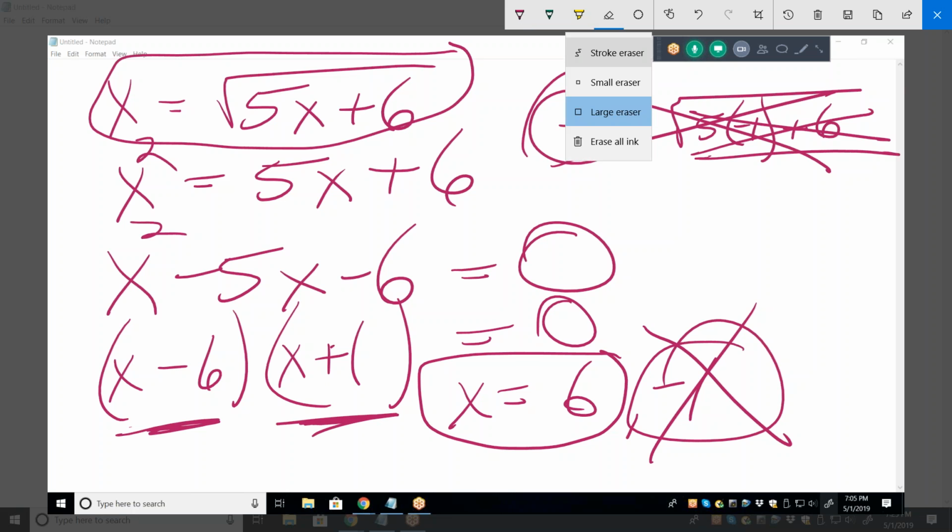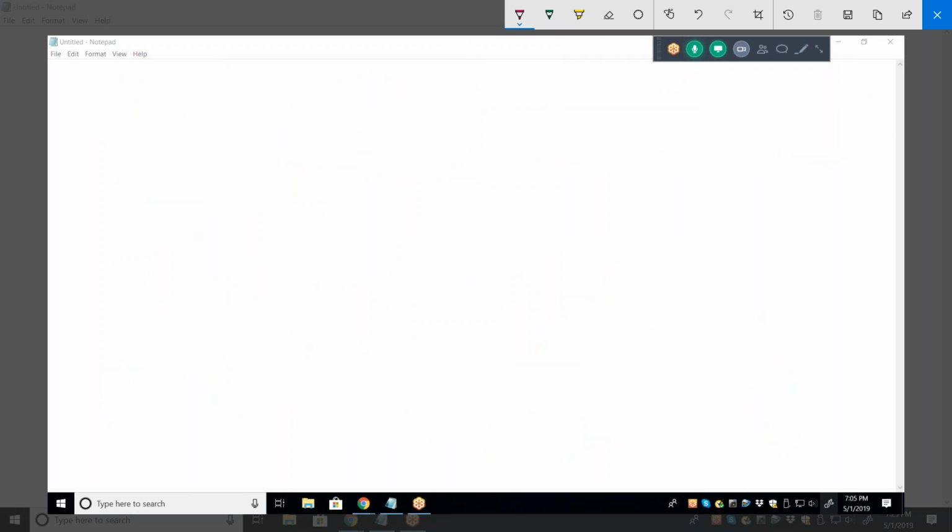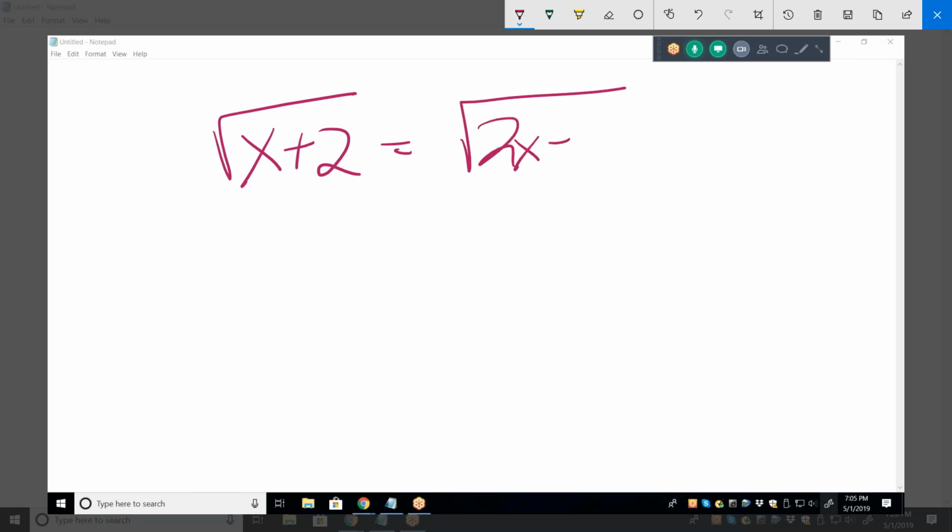Okay, here. Let me give you a little tougher one in the last few minutes and see if you'd know how to solve this. Just going to make it up off the top of my head. Okay, so you would square both sides and put everything in parentheses on the right side.